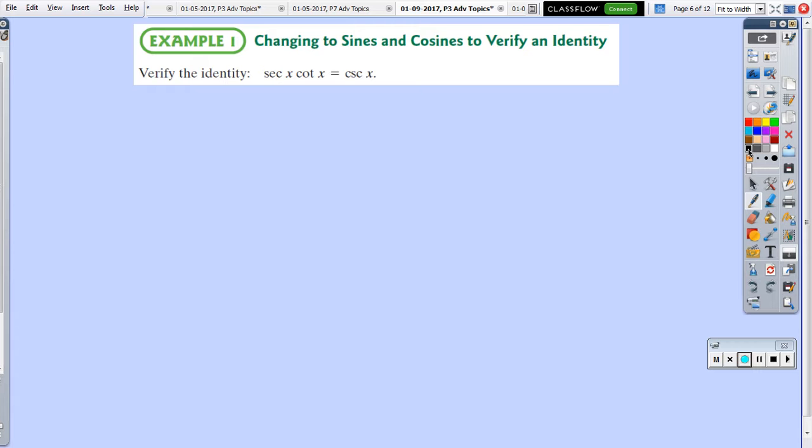So there's something we can change. The sec to cosine? So secant of x is what? If you're looking at the reciprocal identities, secant of x is what? 1 over cosine of x, yeah. So secant of x is 1 over cosine of x.